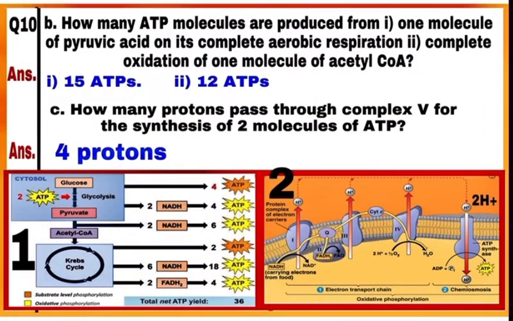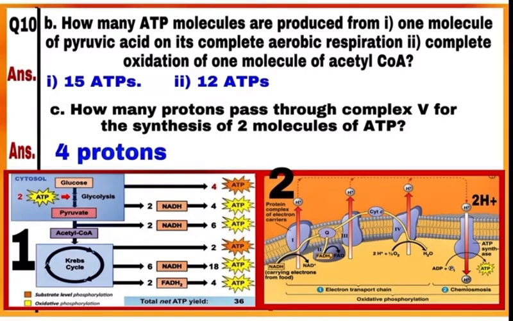Question 10, part B. How many ATP molecules are produced from number 1, 1 molecule of pyruvic acid on its complete aerobic respiration? When 1 molecule of pyruvic acid undergoes complete aerobic respiration, then 15 molecules of ATP are formed. Part 2. How many ATP molecules are produced on complete oxidation of 1 molecule of acetyl coenzyme A?